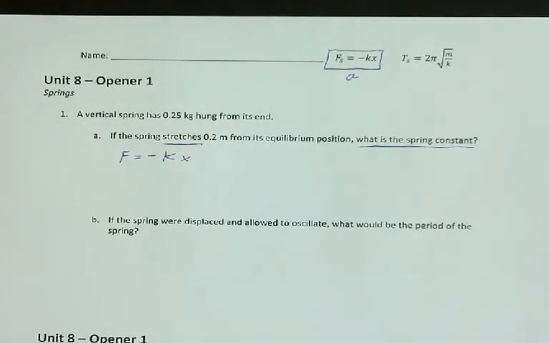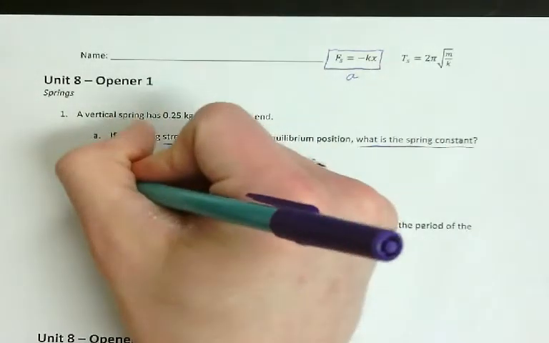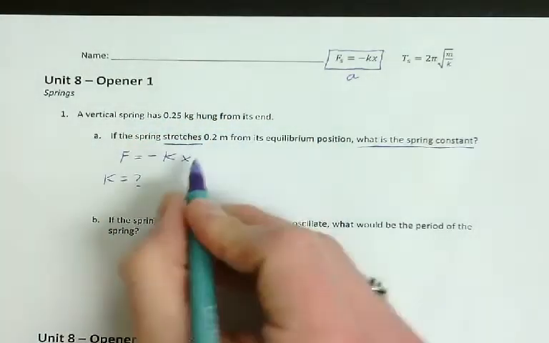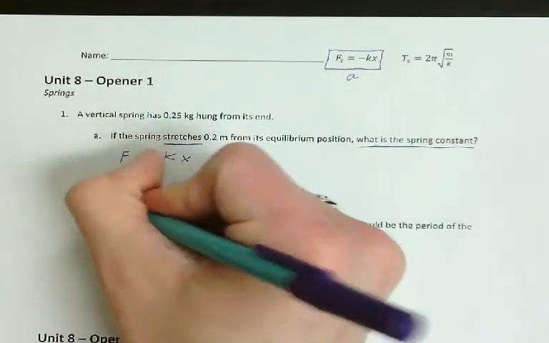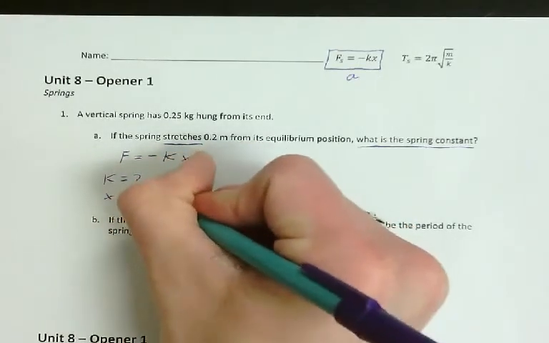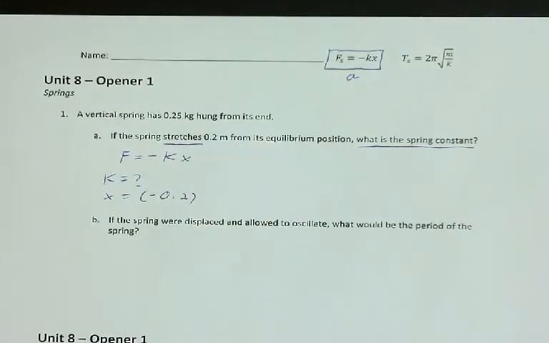So the first thing we need to do is decide what we're solving for, and that's k. Then we need to figure out what we're given. So we're given how far it's stretched, so that's x. And I usually make x a negative. Especially when it's stretched out, it's stretched down, so I make that down value negative.